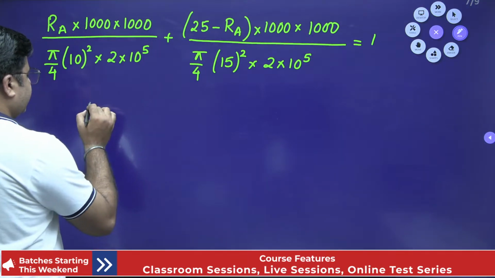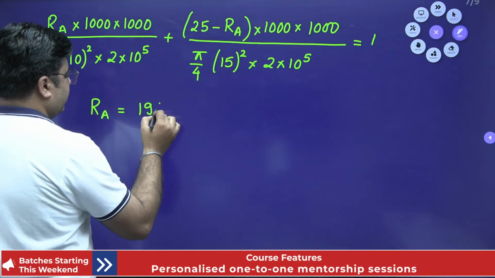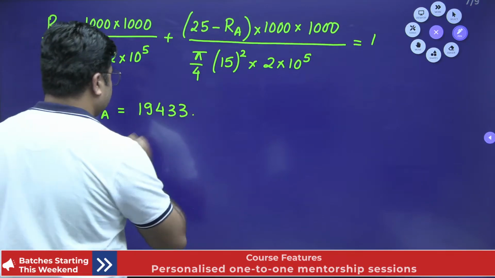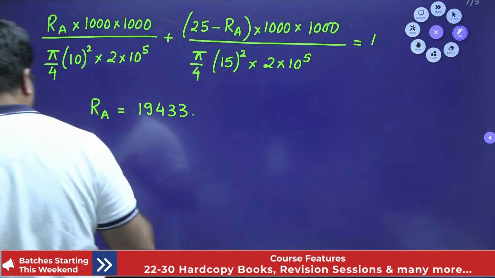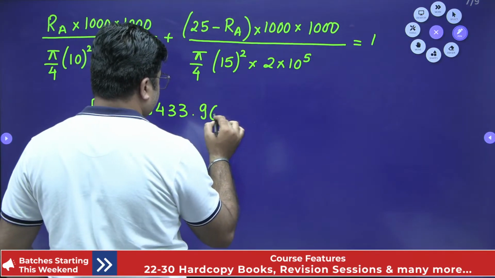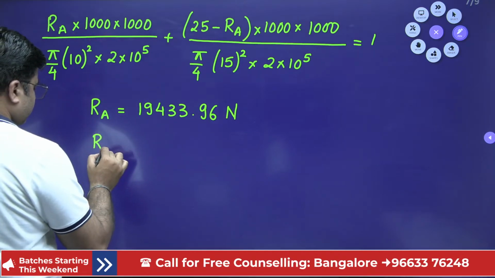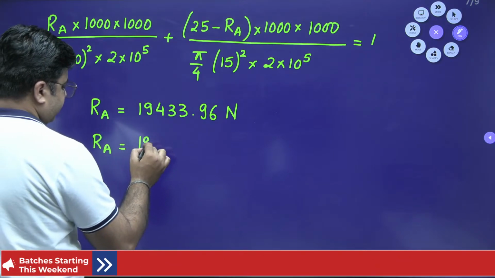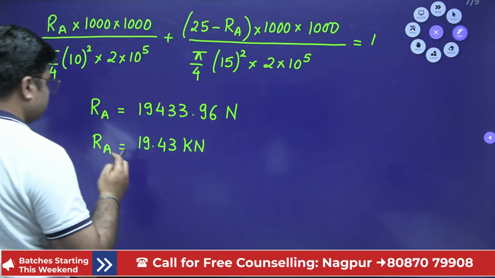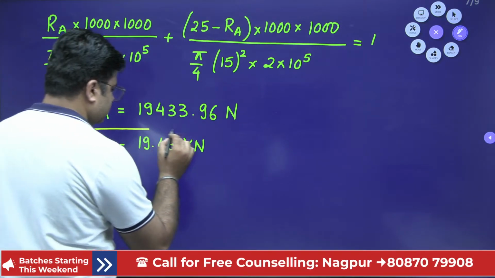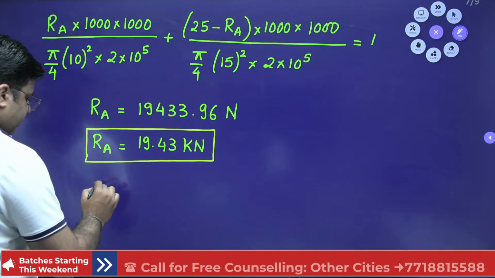So from here you will get the value of RA in Newton. So RA is 19433.96 Newton, right? So when converted into kilonewton, RA comes out to be 19.43 kilonewton. So you have this RA, now calculate RB.